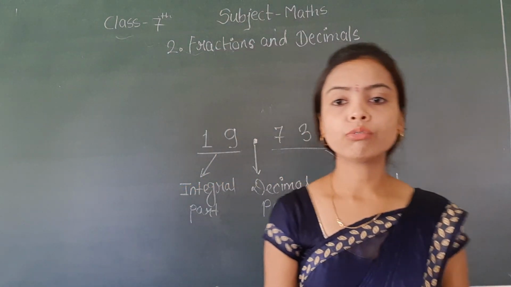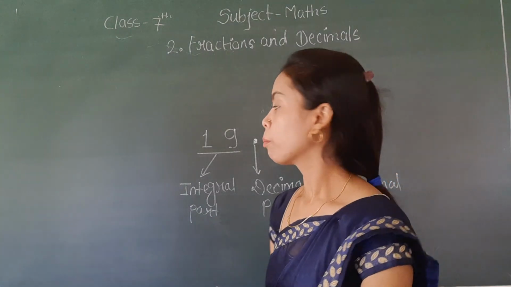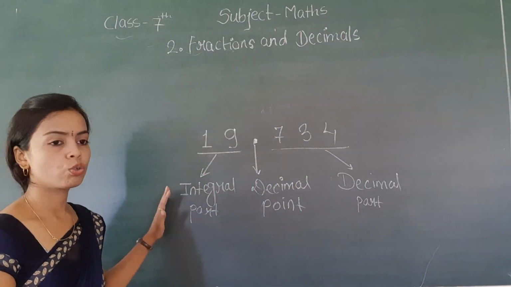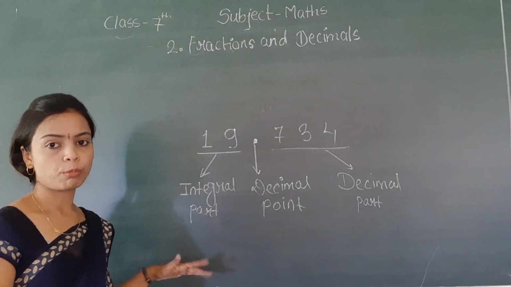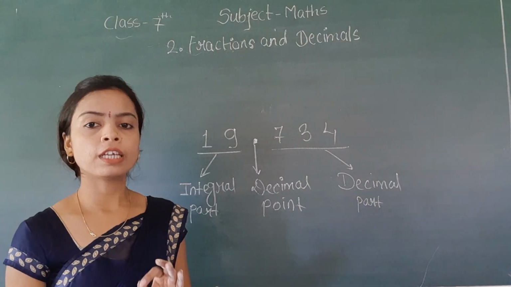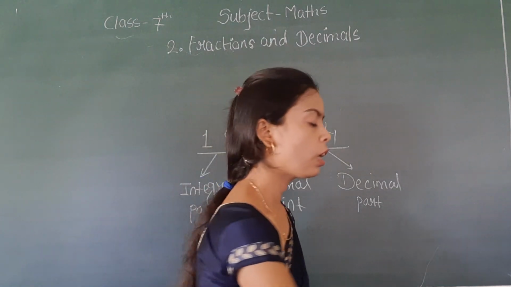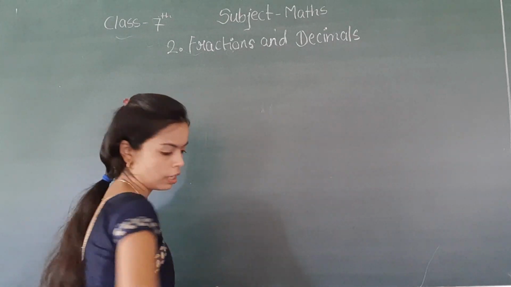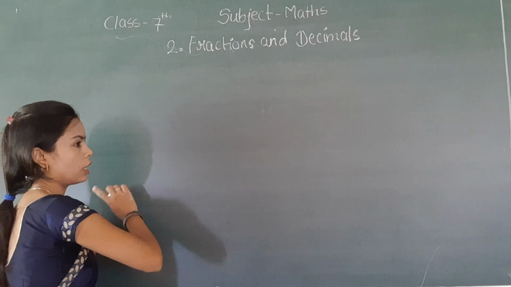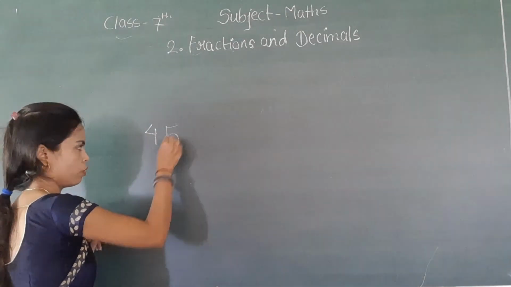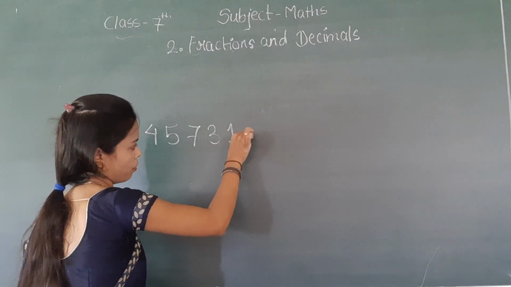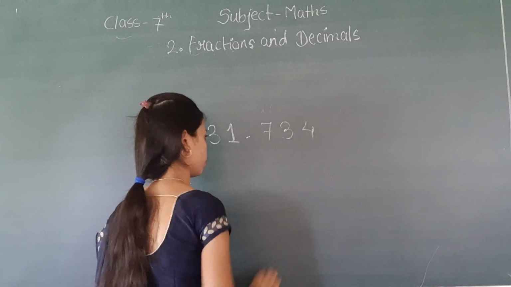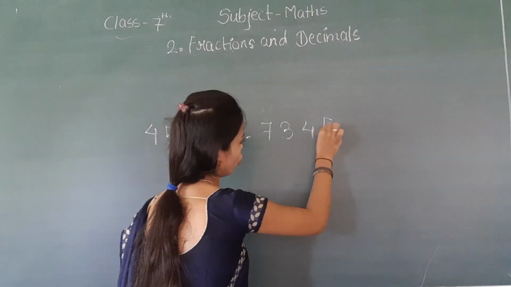So now tell me how to read this. Before you go for the study of addition and subtraction of decimal numbers, you have to tell me how to read a decimal number. For this you must know the place values of decimal numbers. We have studied it in the previous class, but let's recall it. Suppose your number is written here.